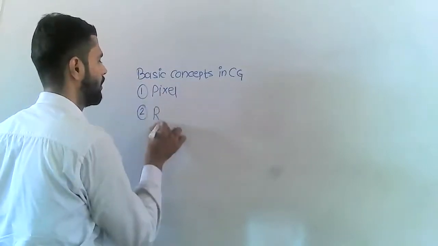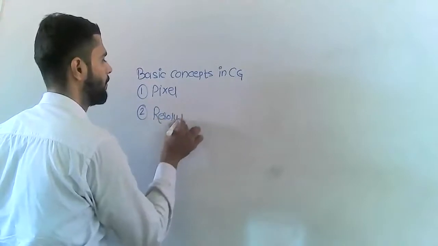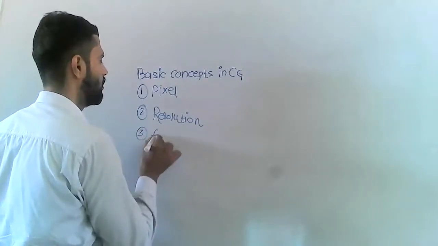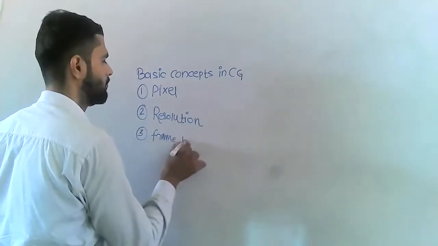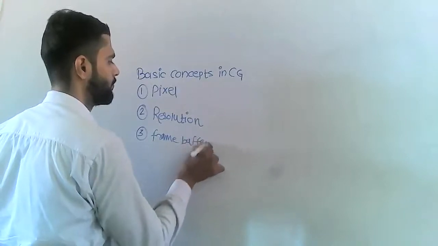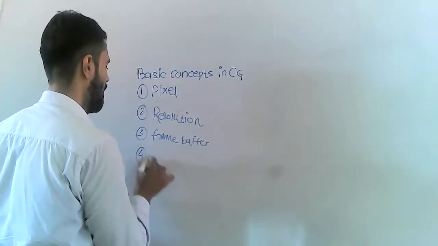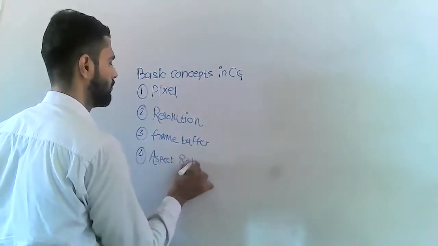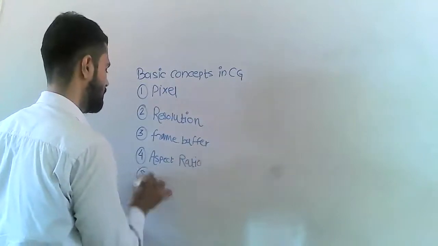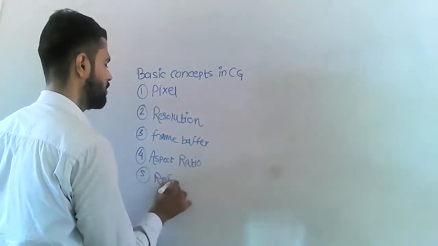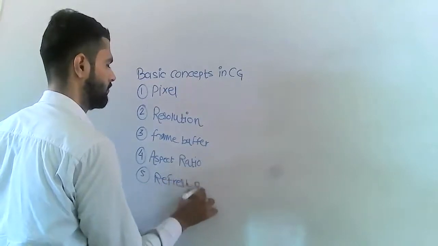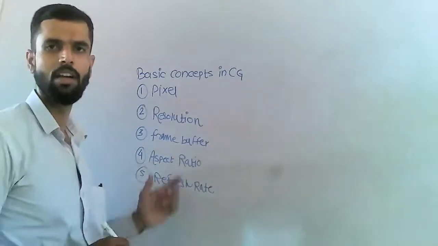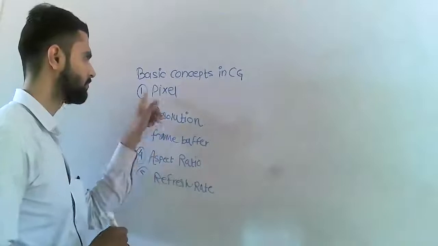Second is resolution. Third is frame buffer. Then aspect ratio. And the last one is refresh rate. These are some basic concepts in the field of computer graphics.